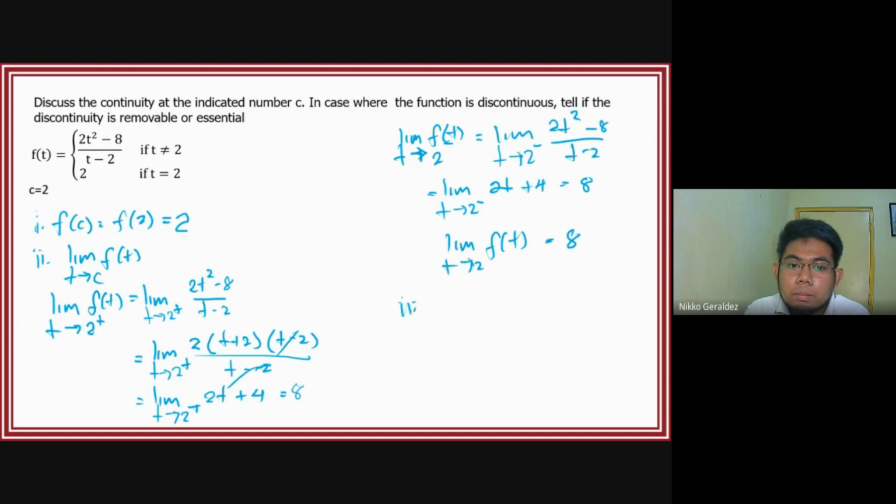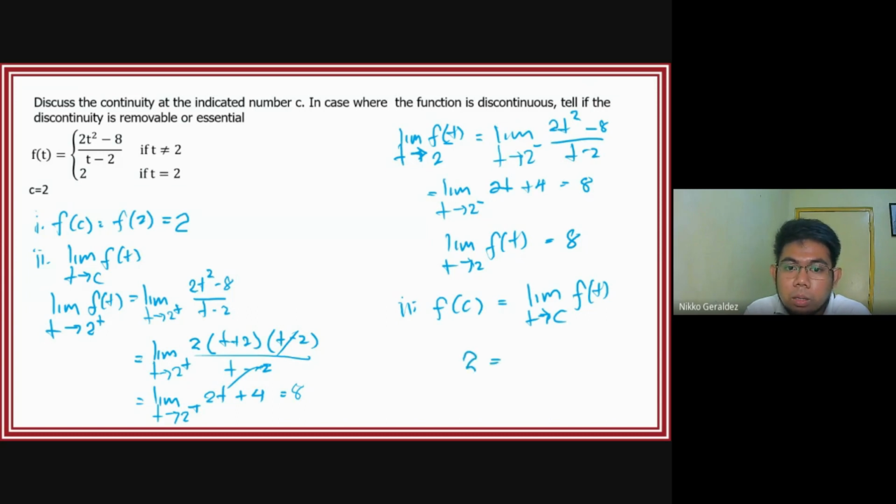Condition 3. What is condition 3? f of c must be equal to the limit of f of t as t approaches c. What is f of c?